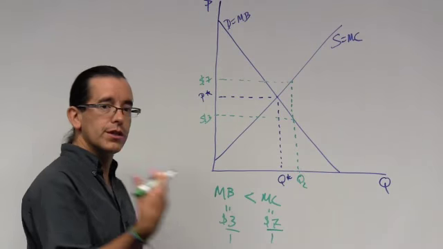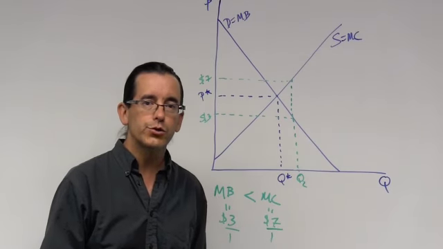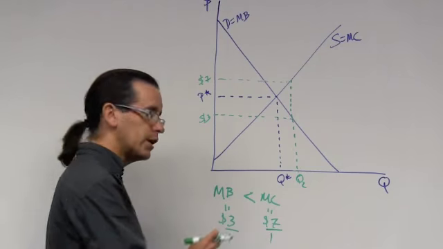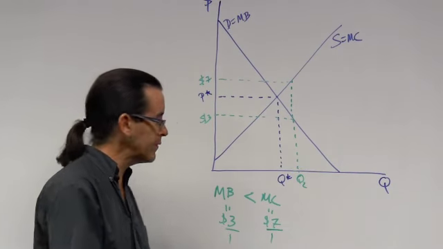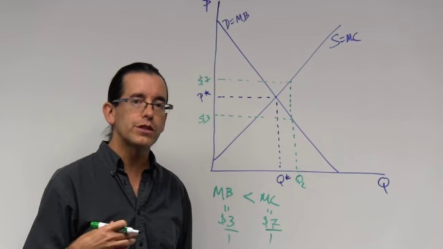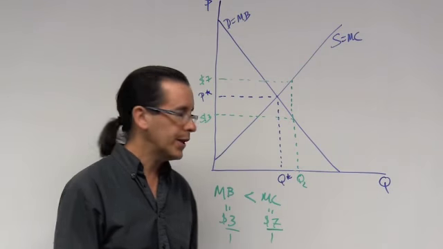So according to this, and looking at how we interpreted before, should we consume more? Well, if we consume one more unit of the good, it's going to generate $3 worth of additional benefits, but it's going to cost us $7 in additional resources. So from the perspective of society, that's a bad thing.